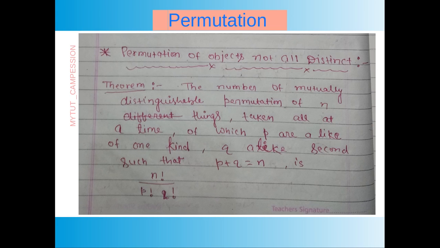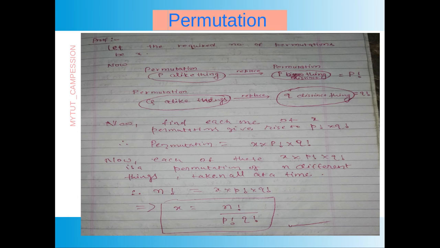So its permutation is n factorial divided by p factorial divided by q factorial. Now for the proof, let the required number of permutations be x.